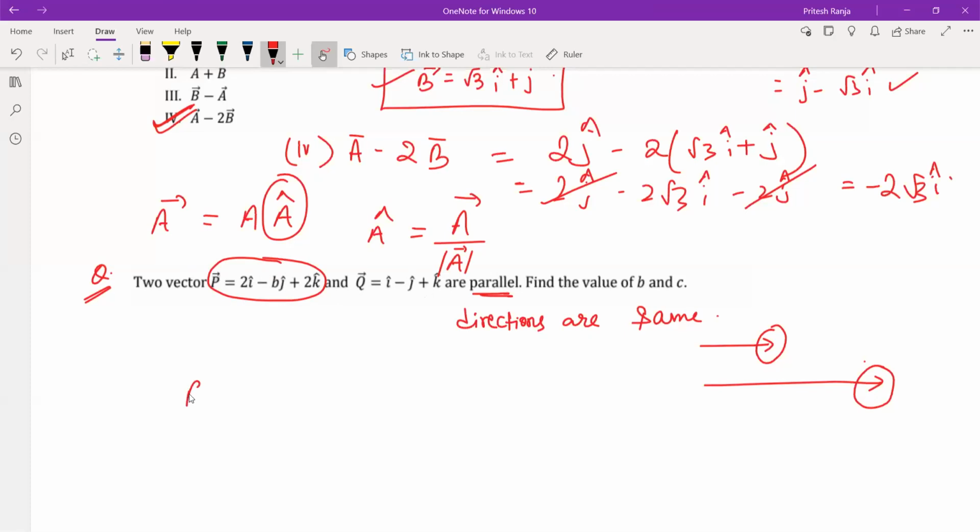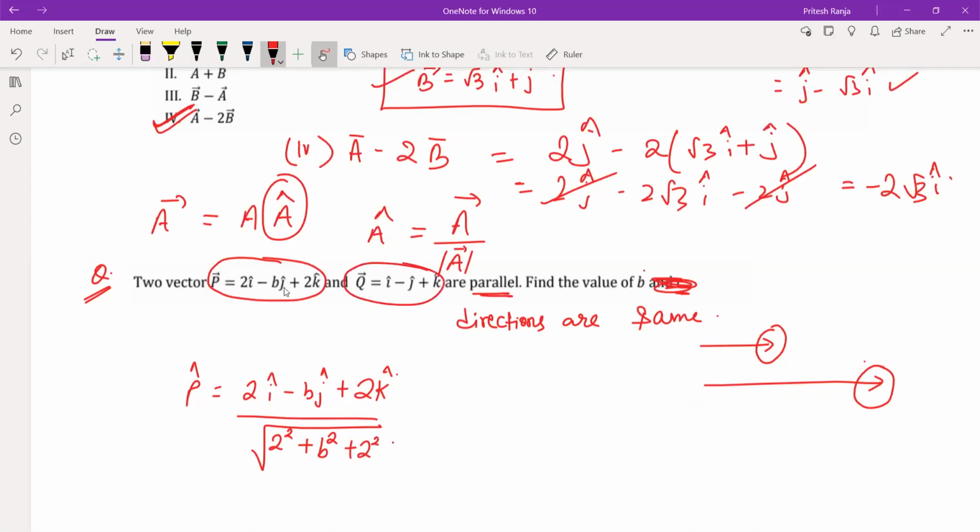So the direction will be 2i cap minus bj cap plus 2k cap divided by, where is c here in the question? There is no c involved. You have to just find b. So p cap will be this divided by root of, how to find the magnitude? Square the coefficients, 2 squared, b squared, 2 squared.